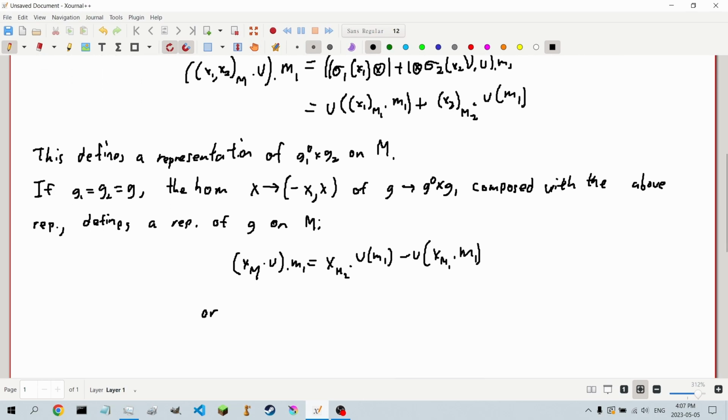We can write this more directly as x_M acting on U is x_M2 acting on U composed with U minus U composed with x_M1.